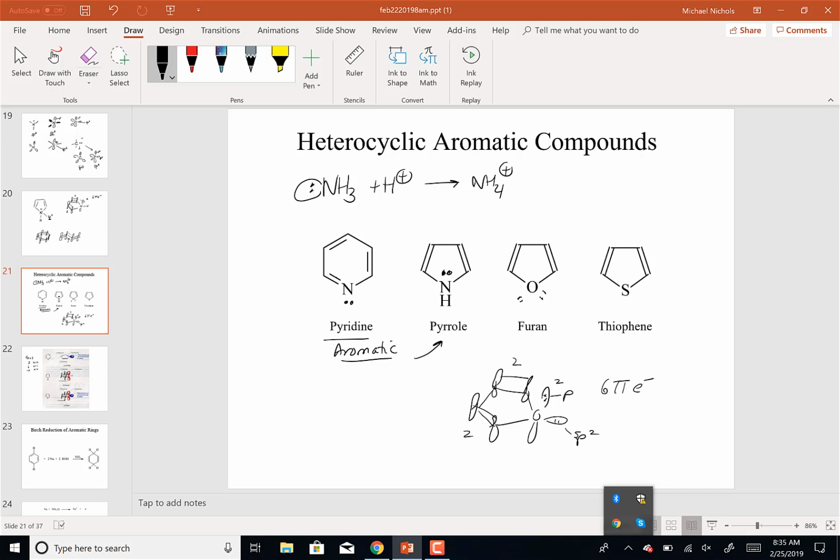It's not something that we use, although it is in reagents like PCC that oxidizes a primary alcohol to an aldehyde. That's what the P stands for, pyridinium. So pyridine is a base. Why? Because its lone pair is not part of the aromatic system. Its lone pair is outside of the aromatic system, and so it's free to grab a proton.